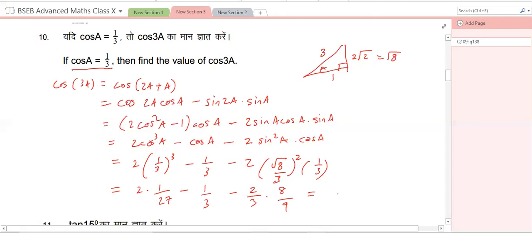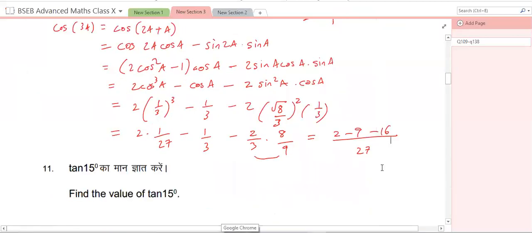We can take a common LCD, which is 27: 2 minus 9 minus 16. 3 can go into 27 9 times, 9 times 1 is minus 9. 3 times 9 is 27, minus 16.